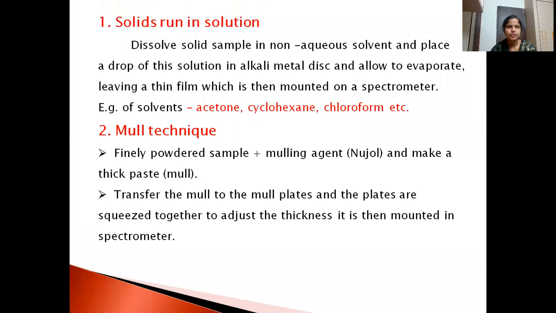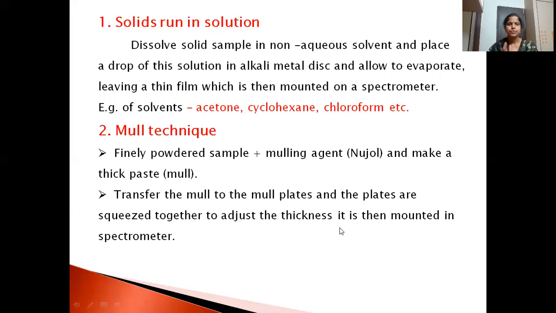Then Mull technique. In the Mull technique, the powdered sample is taken and we add some Nujol. Nujol acts as a mulling agent. Nujol is nothing but paraffin oil, which is chemically inert. We add this oil to the powdered sample and make it into a thick paste. That is nothing but mull. The mull paste is transferred to the plates, and the plates are squeezed together to adjust the thickness.